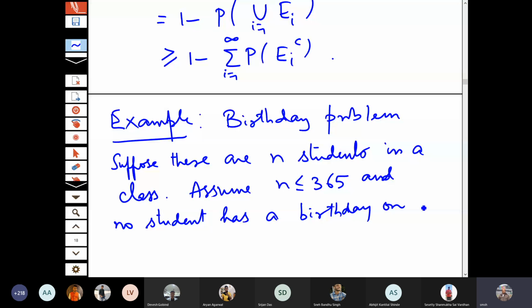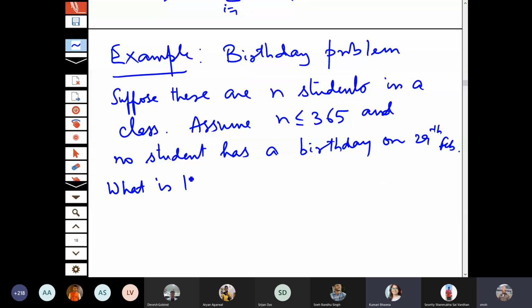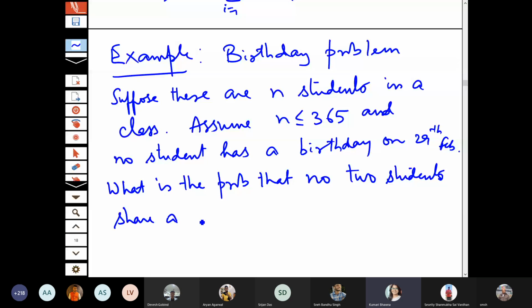We want to look at the probability: what is the probability that no two students share a common birthday? I think all of you know the solution of this problem.